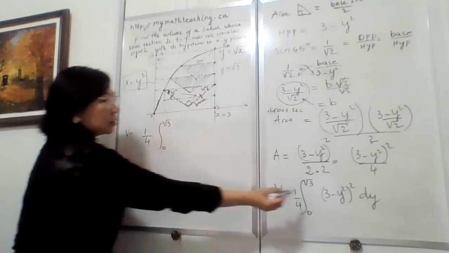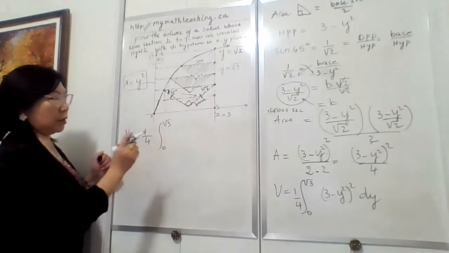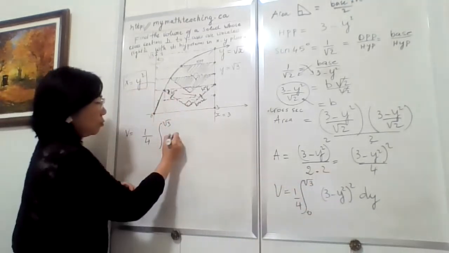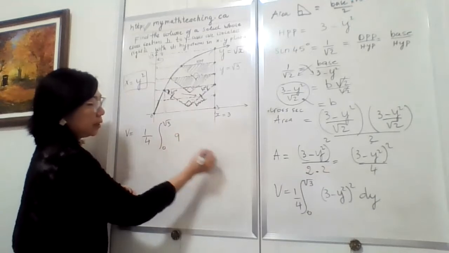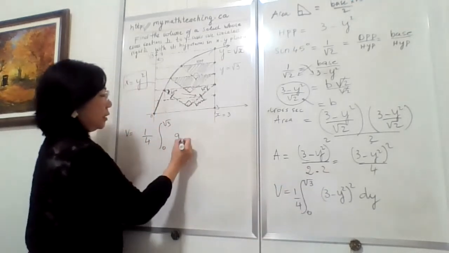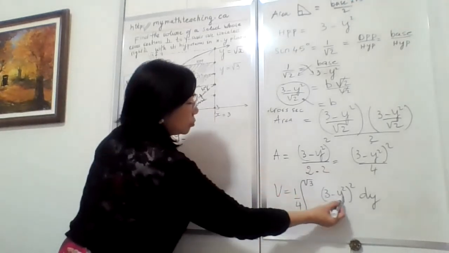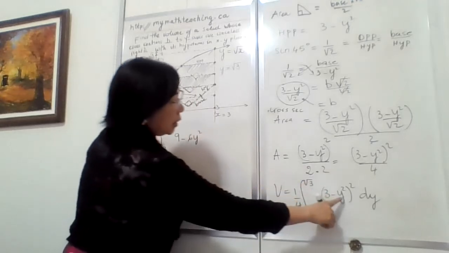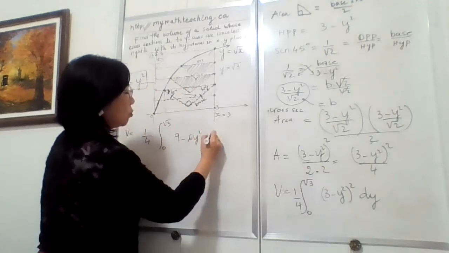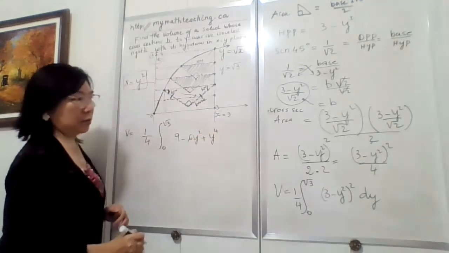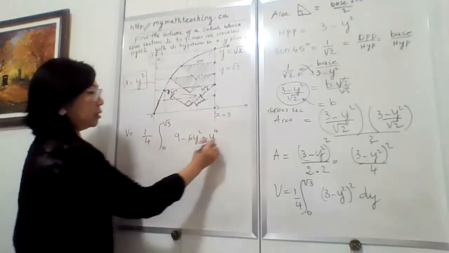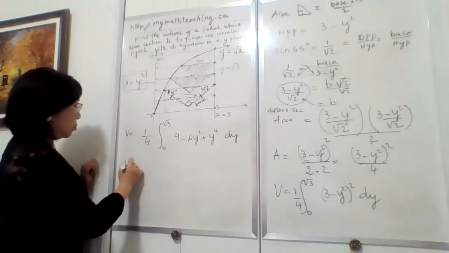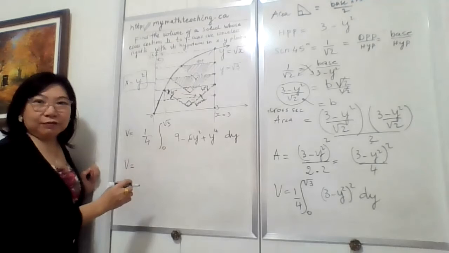And the power of this is like the formula (a minus b) squared, which equals a squared, which is 9, right? 3 squared is 9. Minus 2 times a times b, 2 times 3 is 6, b is y squared. And adding b squared, which is y to the power 4. So I'm just expanding the bracket, right? And dy.